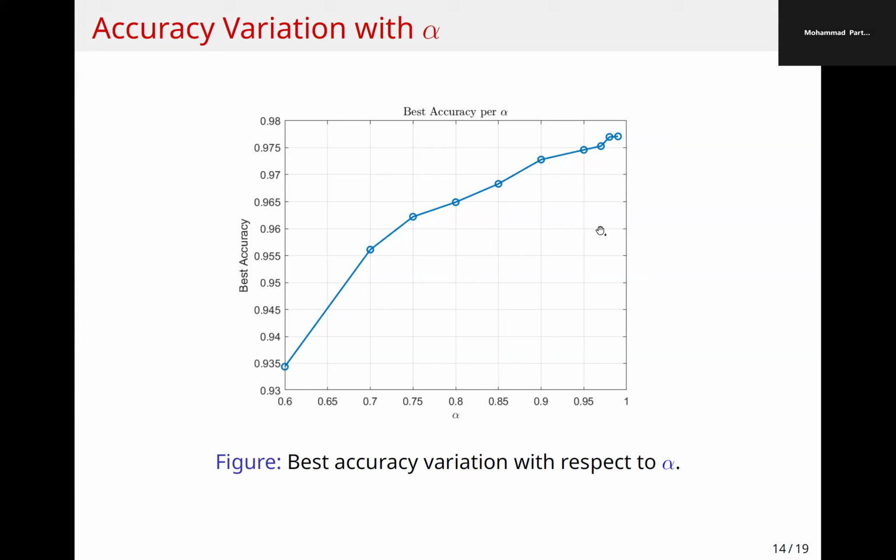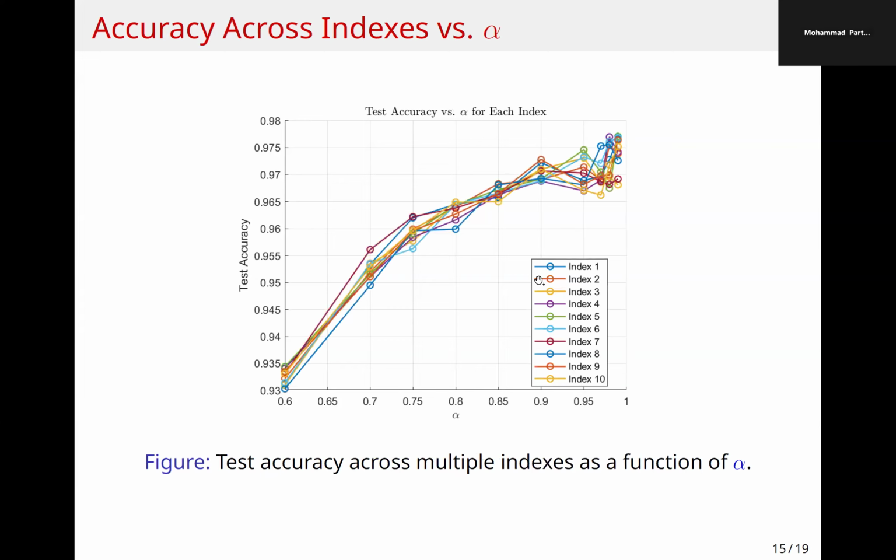Here you see that alpha equal to 0.99 has the best performance compared to the other fractional orders. Also in this figure, for all of the indexes, we have this trend of test accuracy for each alpha. You see that we have an increasing trend again, and in most cases, 0.99 has the highest test accuracy.